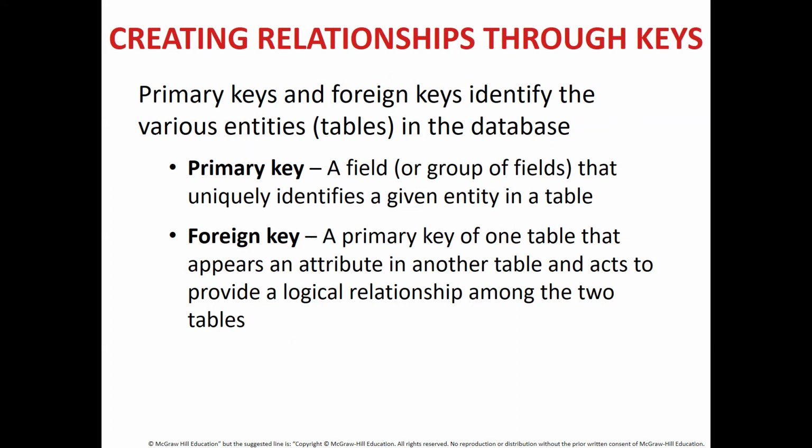So you have a primary key in, let's say, table 1, and the primary key of table 1 appears in table 2 as well. Now what happens is that the primary key of table 1, which is in table 2, becomes a foreign key. So if you look at the definition once again, a primary key of one table that appears as an attribute in another table. In Microsoft Access, if you want to form a relationship, you have to click and drag your primary key on top of the foreign key. Only then will you be able to build the relationship, and that's how it works.